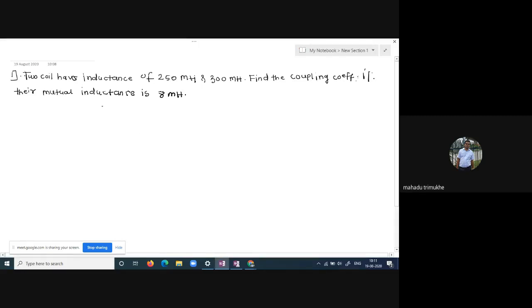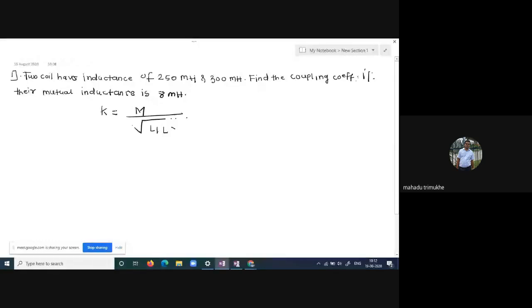M divided by the square root of L1 into L2.